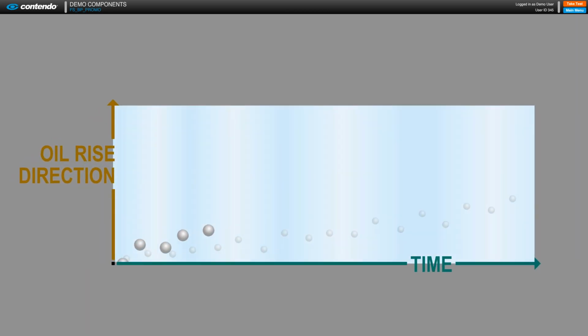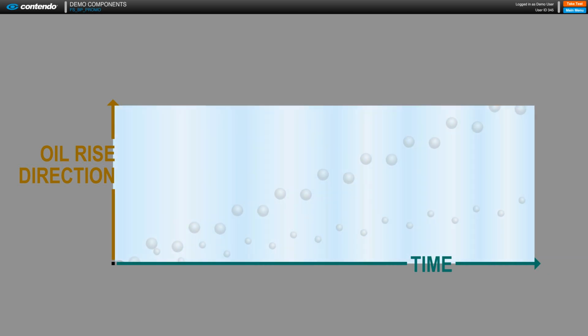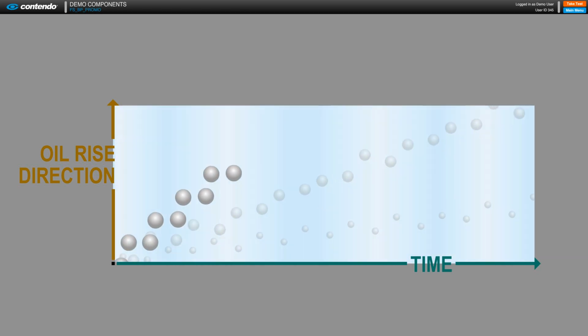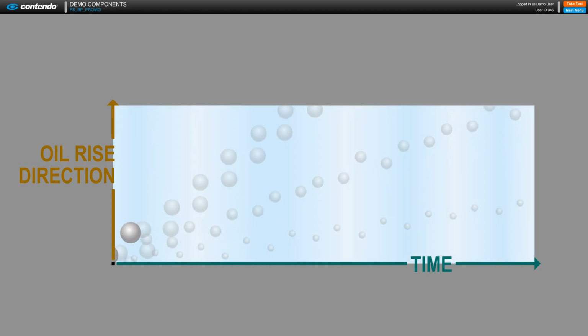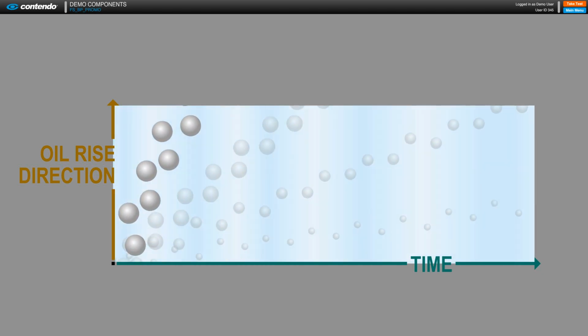This means that as the droplet size doubles, the separation velocity is increased by 4 times. As size triples, the separation time is 9 times faster. As size quadruples, the droplet separates 16 times as fast, and so on.